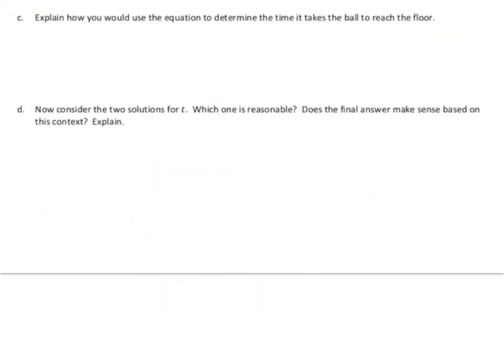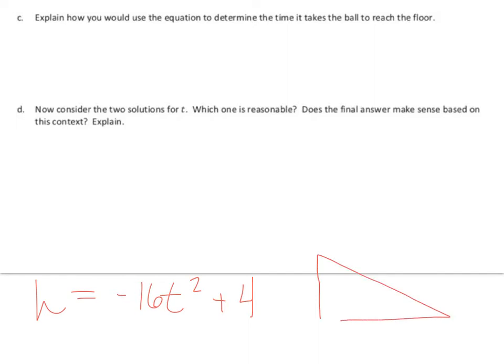Moving on. Explain how you would use the equation to determine the time it takes the ball to reach the floor. Well, if we have height equals negative 16t squared plus 4, the time it takes for the ball to reach the floor, what's the height at the floor? Well, it's 0.